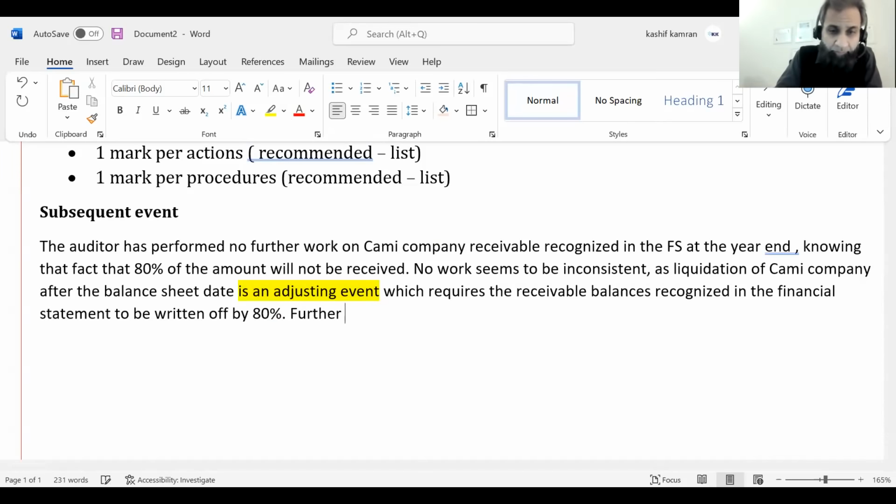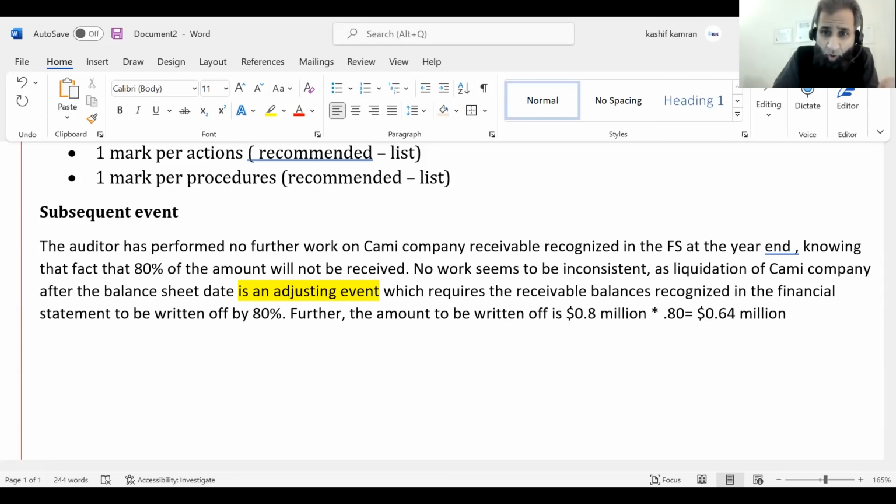Further, the amount to be written off is $0.8 million into 80%, which is equal to $0.64 million.